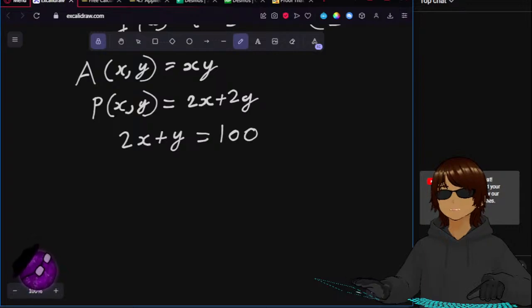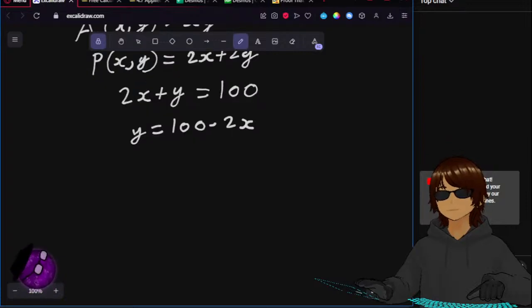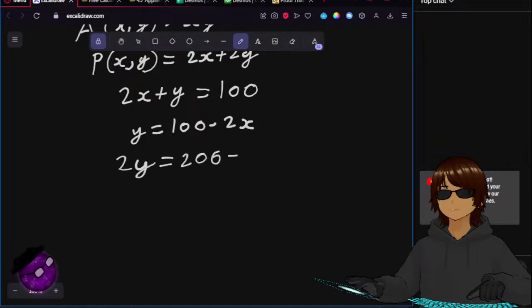Fencing is 100. Then I can write y is equal to 100 minus 2x, right? And then 2y is equal to 200 minus 4x.